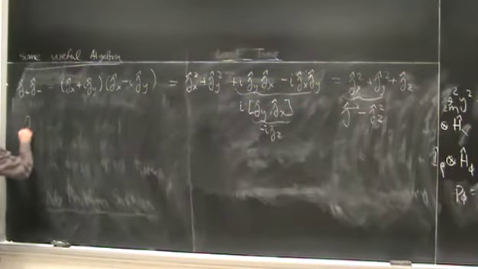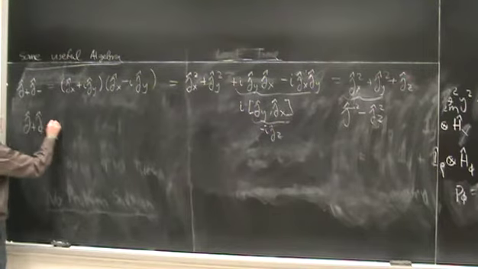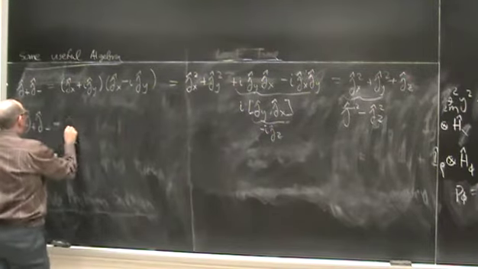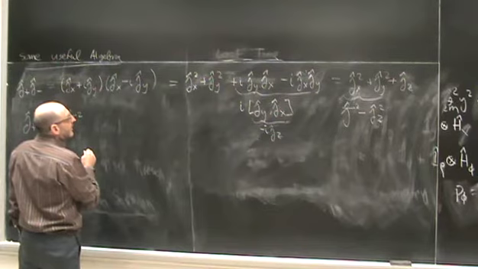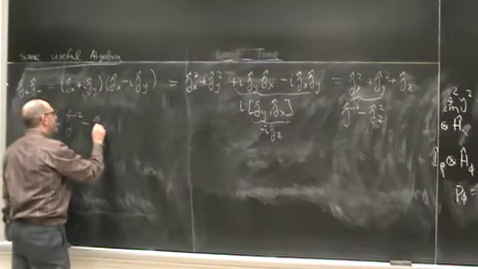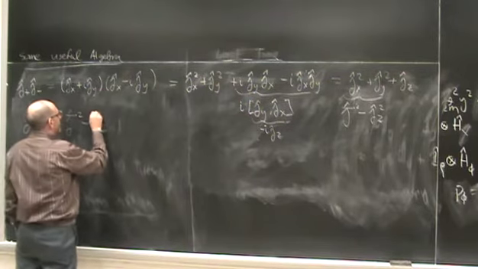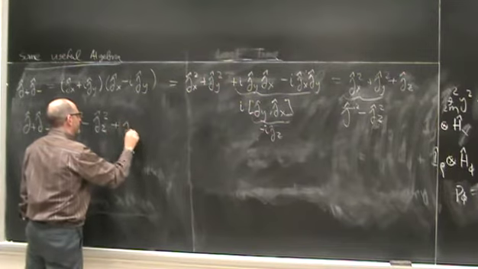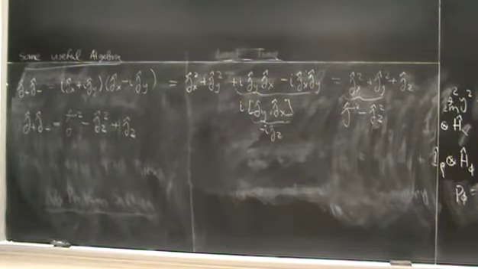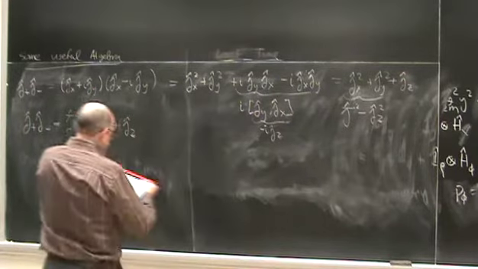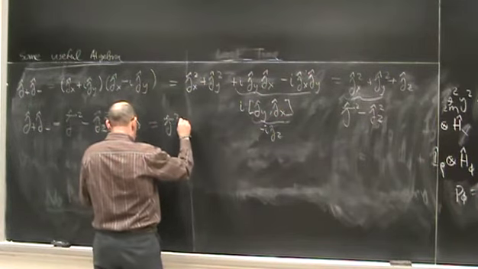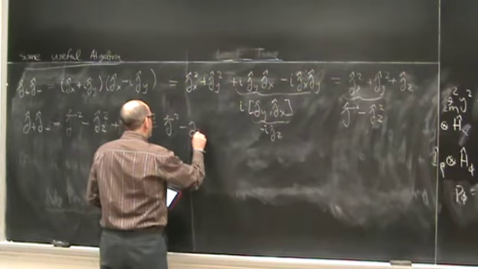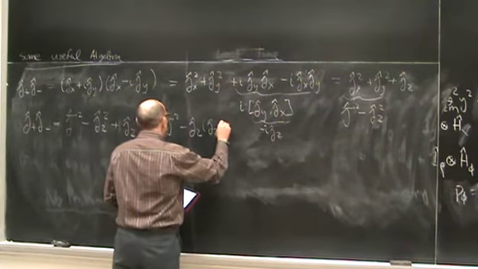So that tells me that j plus times j minus is equal to j squared minus jz squared, plus jz, which is equal to j squared minus jz times jz minus 1.